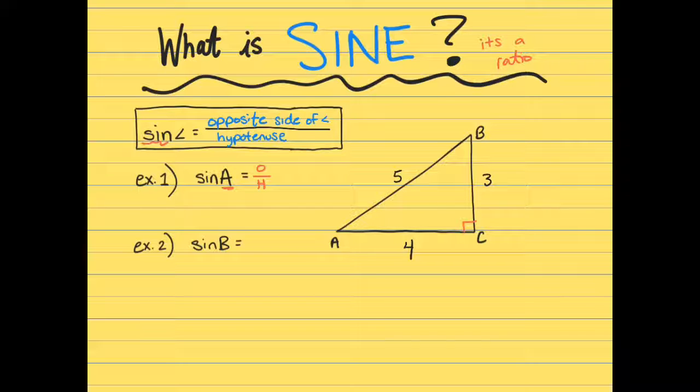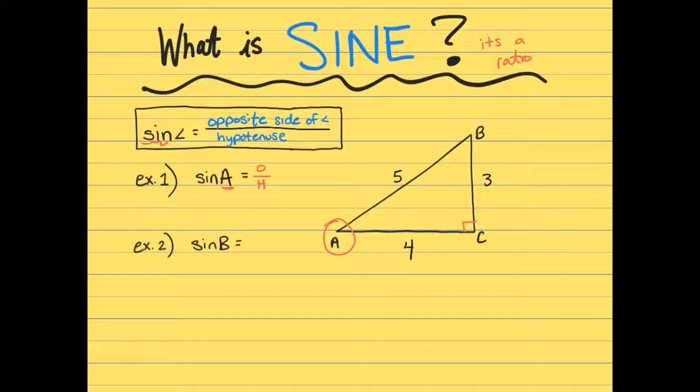So I come over to my triangle. I'm looking at angle A, and I want to know the opposite side of angle A. Well, the side opposite angle A isn't going to be the hypotenuse, so it's not going to be that 5, and it's not going to be the adjacent side.